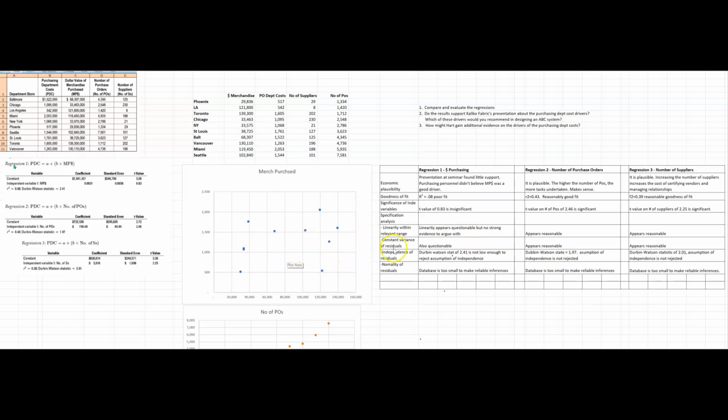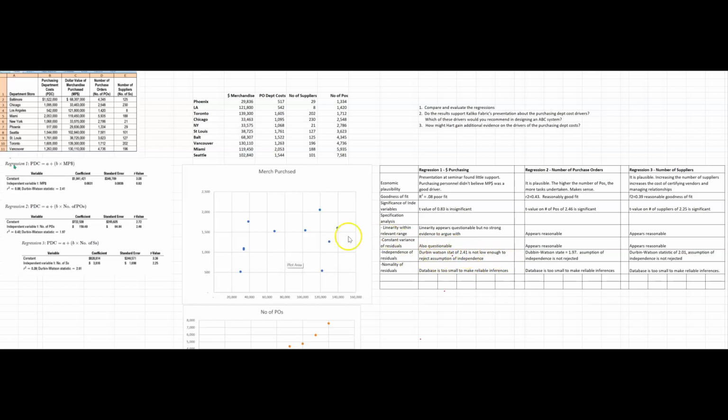The constant variance of the residuals is also questionable. For the independence of the residuals, the Durbin-Watson statistic of 2.41 is not low enough to reject the assumption of independence. So I think that you want this score to be around 2.0.